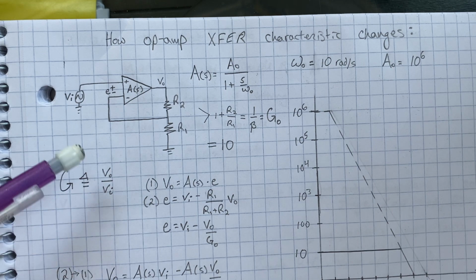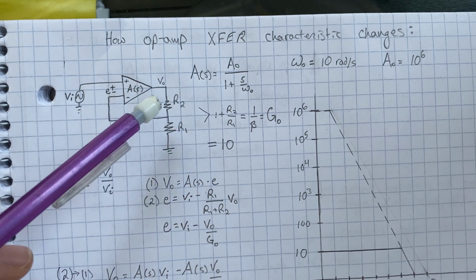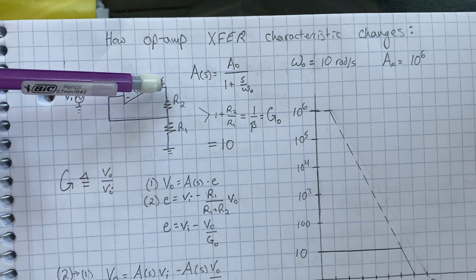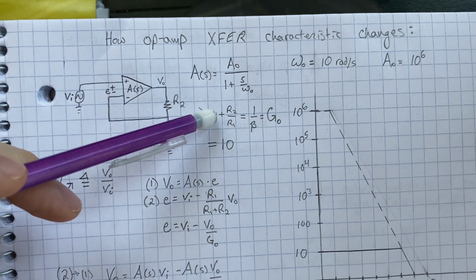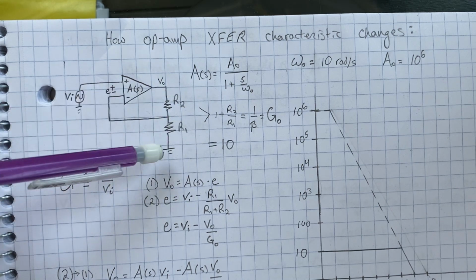And we're going to define a new transfer function, G, which is the output over the input with our beta feedback. We're going to define 1 over beta as 1 plus R2 over R1, because that's what our non-inverting op amp configuration is.